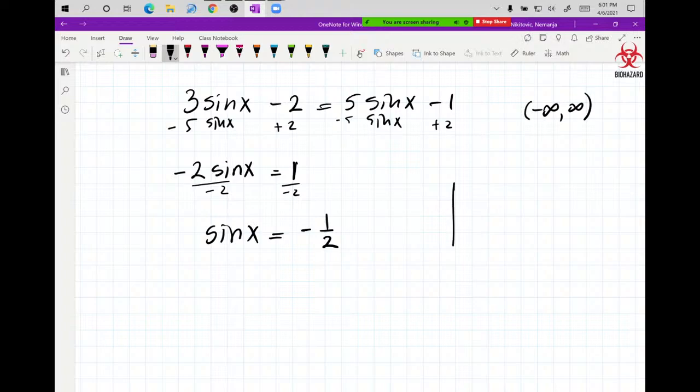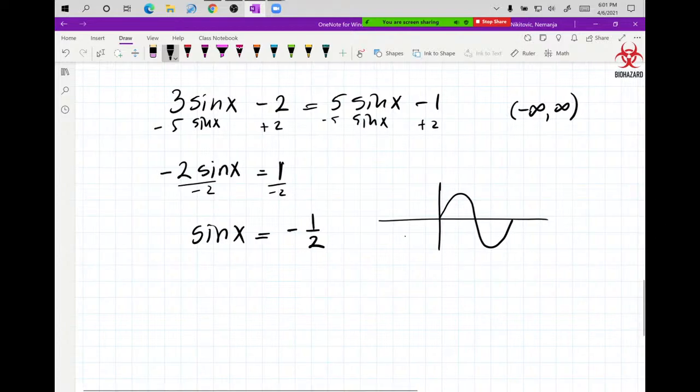So by the same token as before, when you draw your sine function, now you have to draw the negative 1/2 graph, which is below. That's negative 1/2.